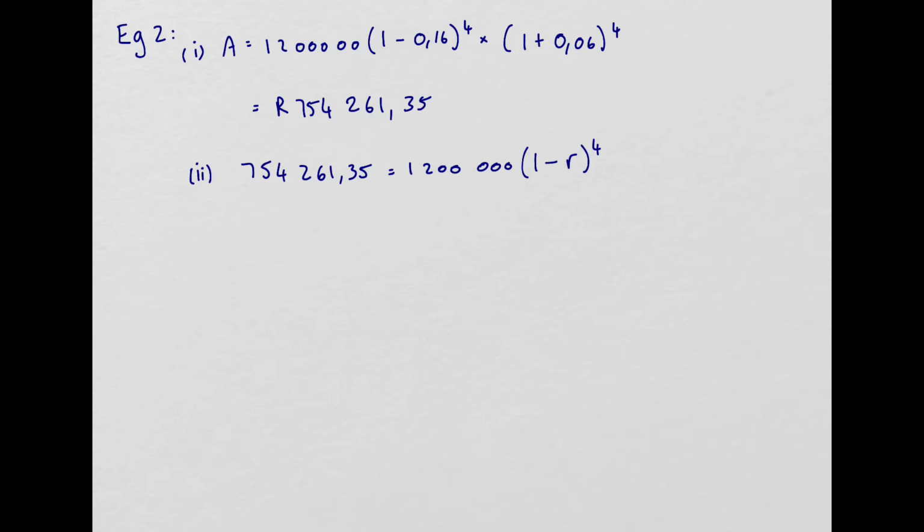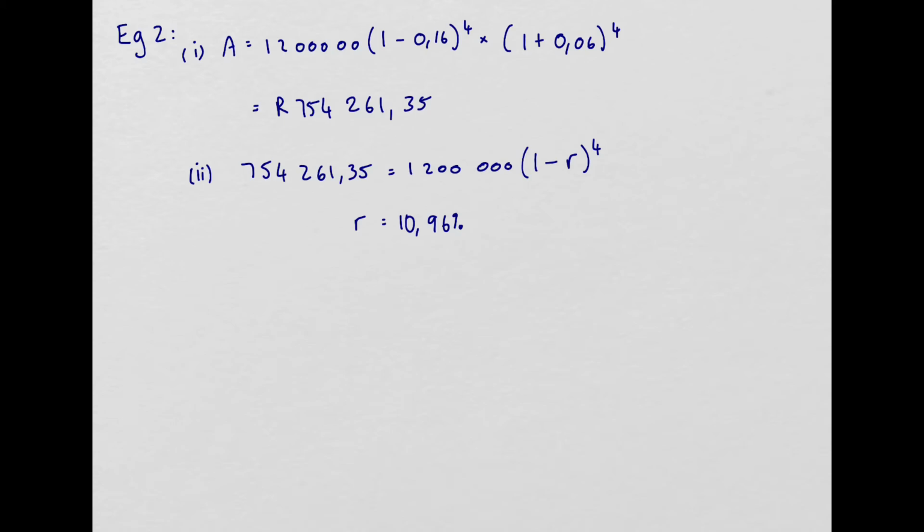You're going to take the fourth root of 754,000 over 1.2 million, and then you're going to take the 1 over and subtract it. Then you have to divide by negative because the R is negative. And you're going to get your R value, which you then multiply by 100 to get 10.96%. I'd encourage you to test that on your calculator, please, to see that you do get the correct answer.